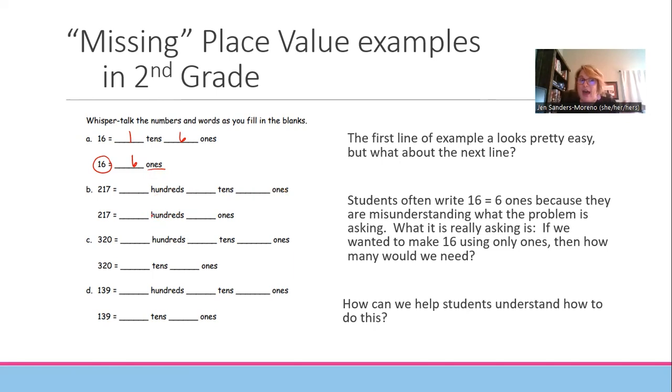But if we have some of our place values missing, for example, this one just has hundreds and ones, and this one just has tens and ones, we're going to need to do a bit of thinking before we can get it correct, okay? But hopefully that makes sense to you, the idea that 16 is not equal to 6, okay? So they're asking us to build 16 using only ones.